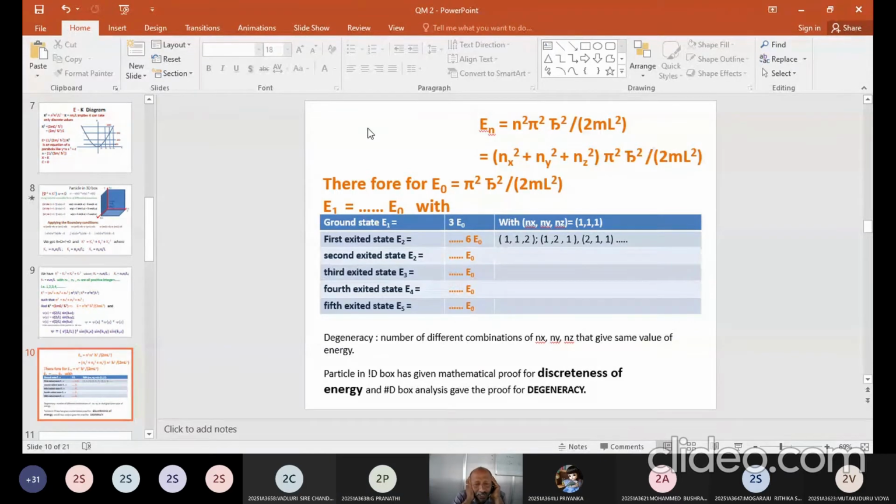From the ground state to the second excited state means the second excited state is also included. How many energy states are available? 3, 6, 9, 7? Okay, who said 9?